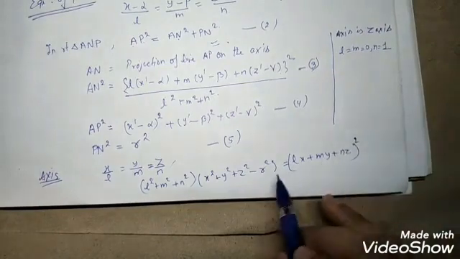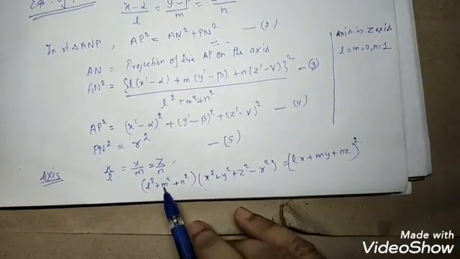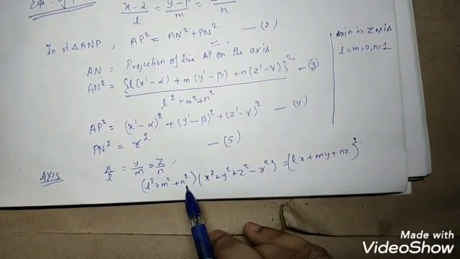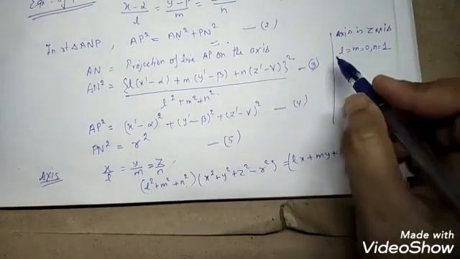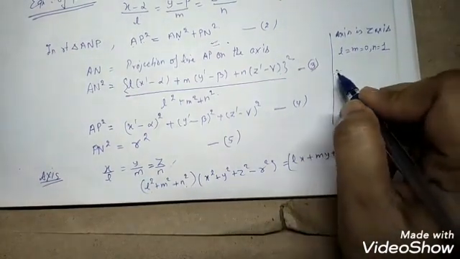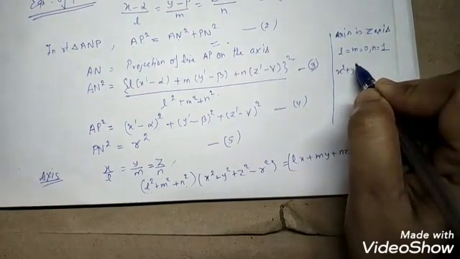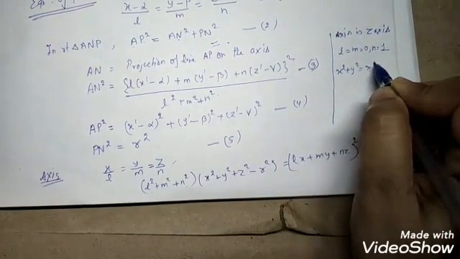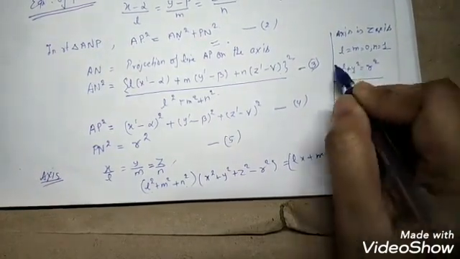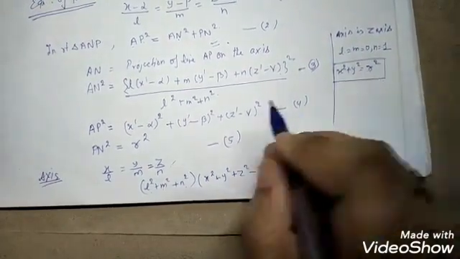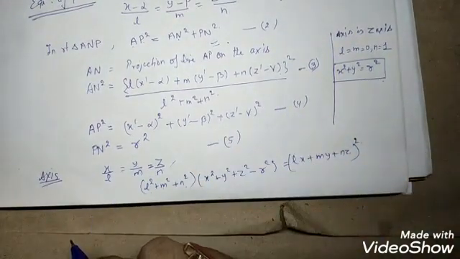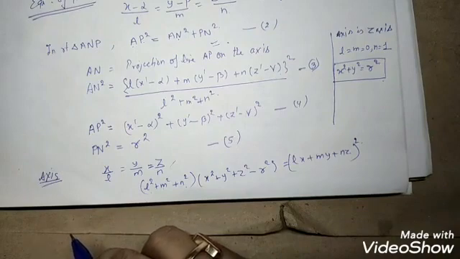So putting l, m equal to 0 and n equal to 1 here, we get the equation x square plus y square equal to r square. So this is the equation of the right circular cylinder whose axis is the z axis.